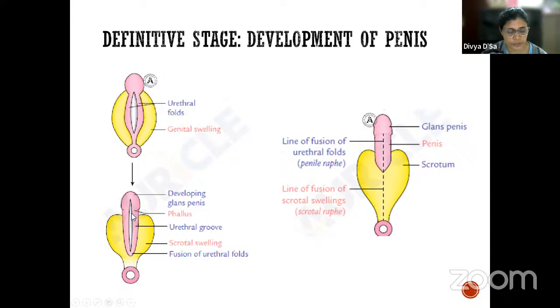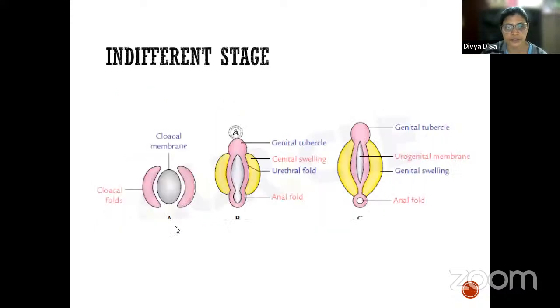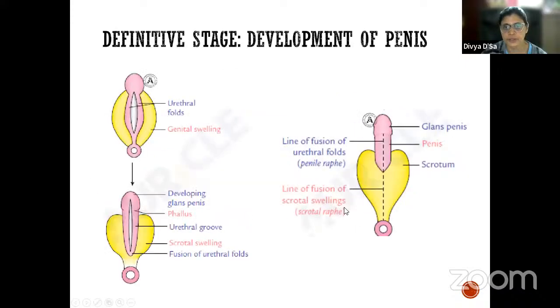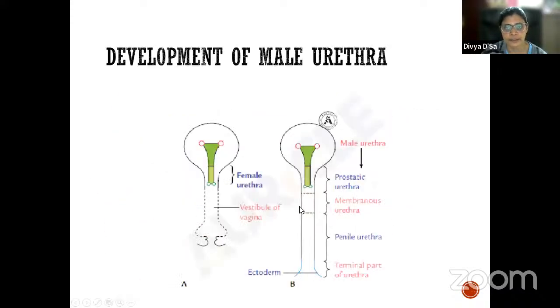Now, during this time, what happens? The phallic part of the urogenital sinus, that was the upper part. This portion is the phallic part of it, right? So this phallic part of the urogenital sinus will also extend up to the base of the developing penis.